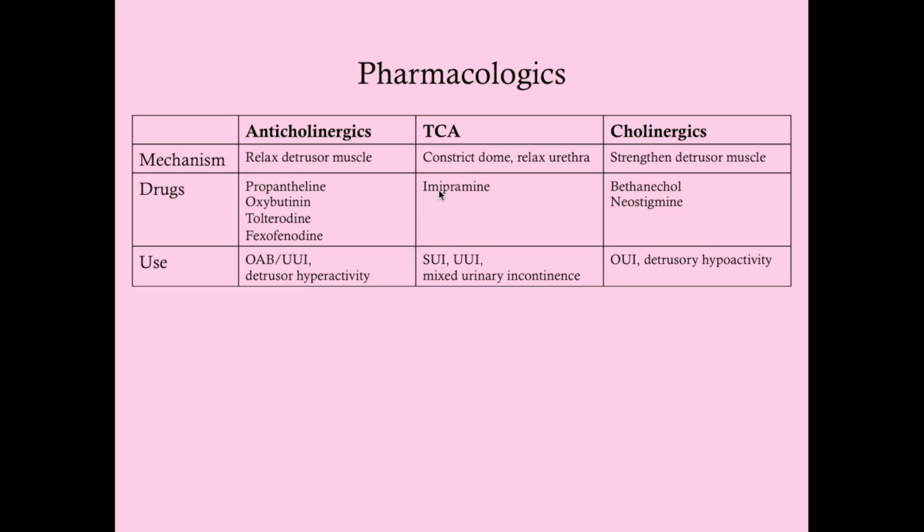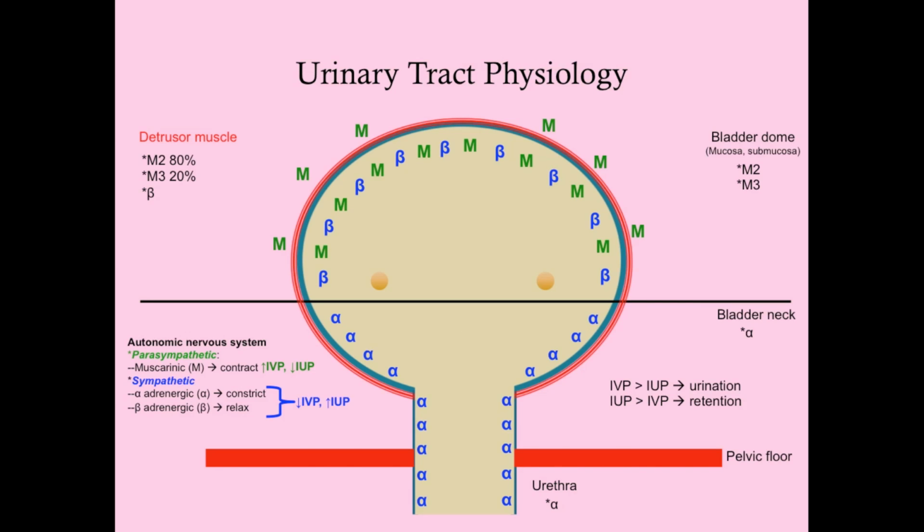Now, something to keep in mind is that drugs that work the opposite way, so alpha blockers. So what would an alpha blocker do? An alpha blocker like phenoxybenzamine or prazosin would restrict your ability to constrict the urethra.